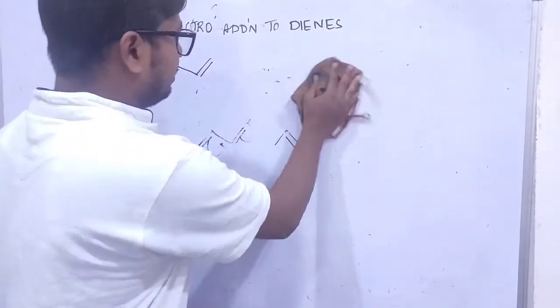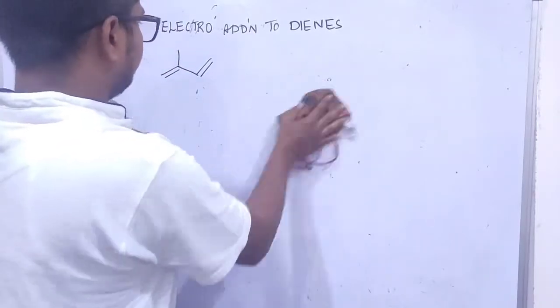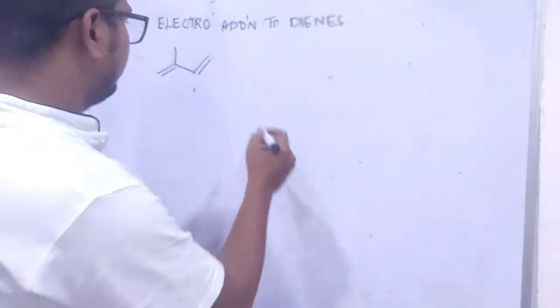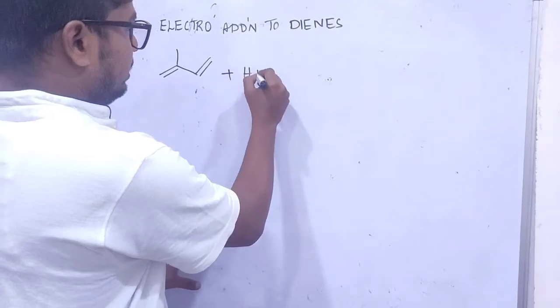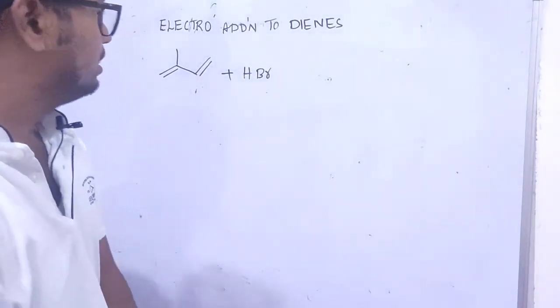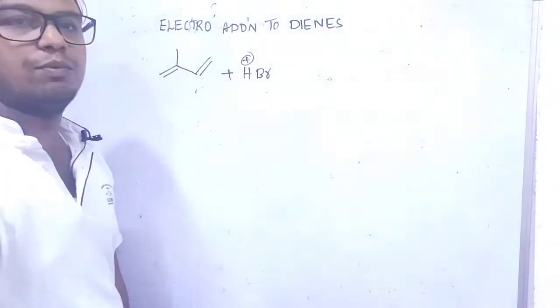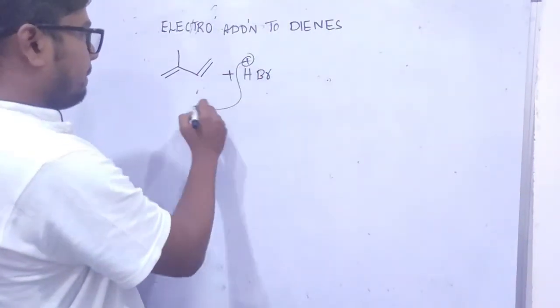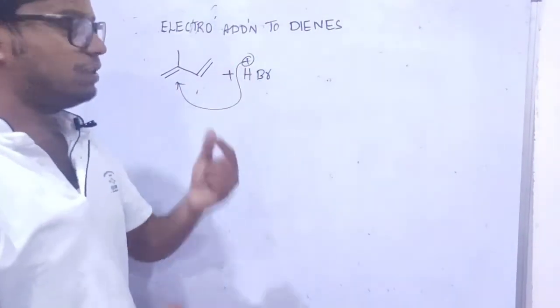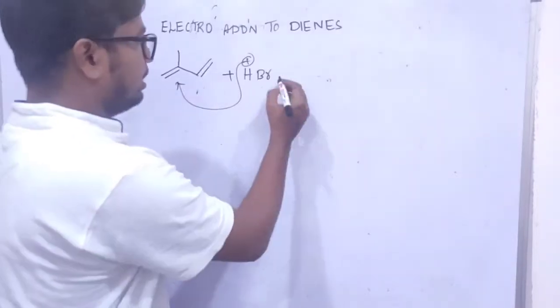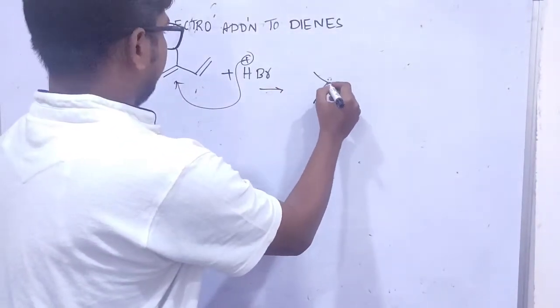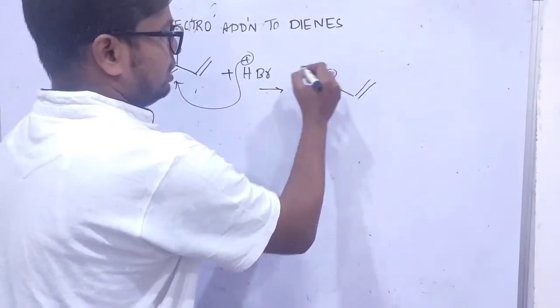So first of all, I will treat it with a protic acid, say for example HBr. So that proton, these electrons are transferred to the proton, resulting in the formation of a carbocation here. A positive charge is formed here.